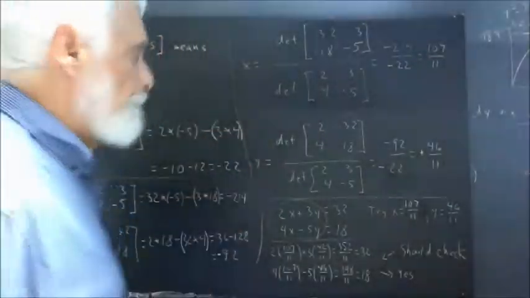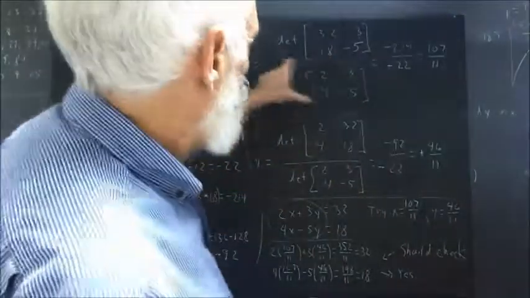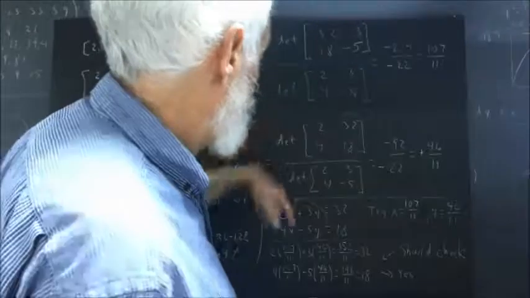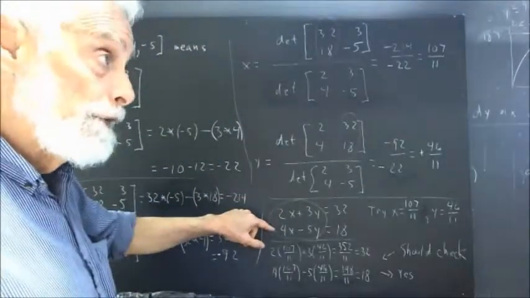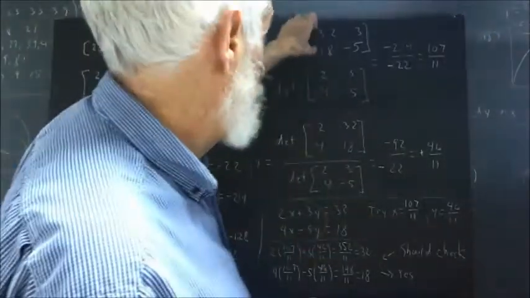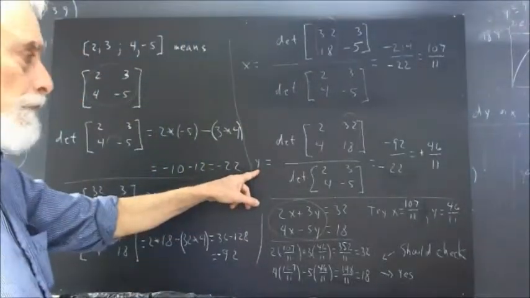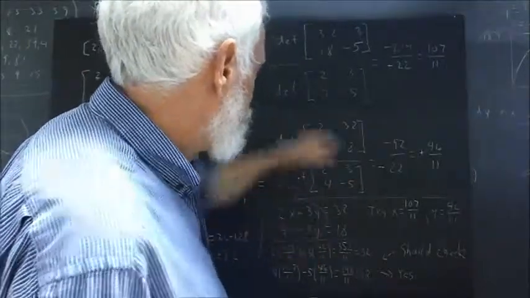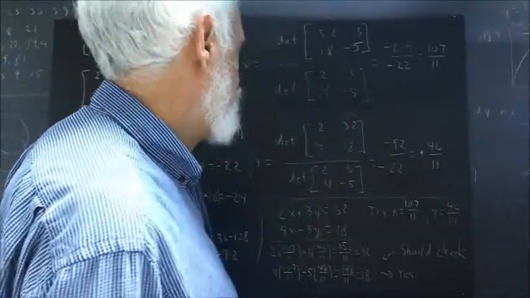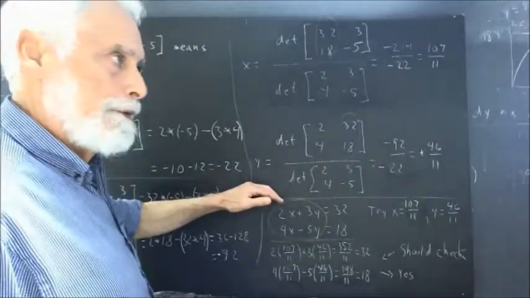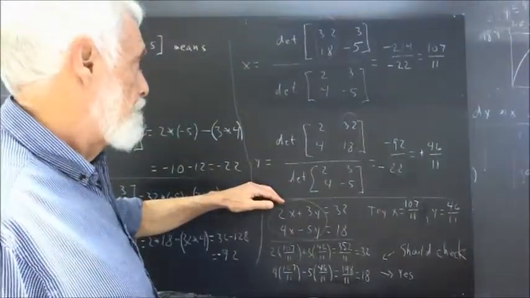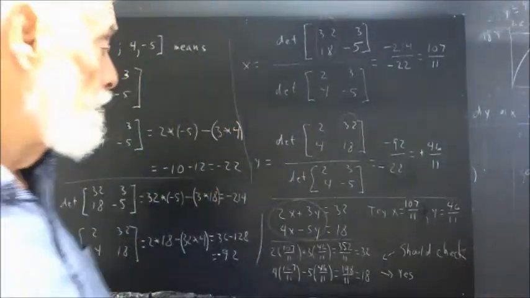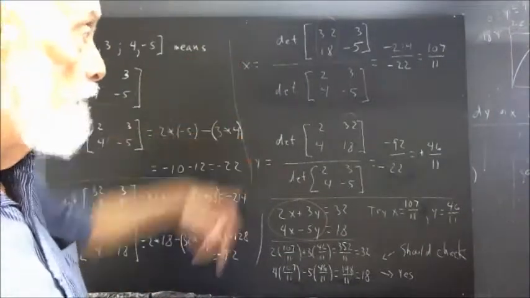In the numerator, we take that coefficient matrix and replace the x column, the column that has the x coefficients, by the 32, 18. And when we do a solution for y, we replace the y coefficients with the 32, 18. And there's our pattern for calculating our x and y values.